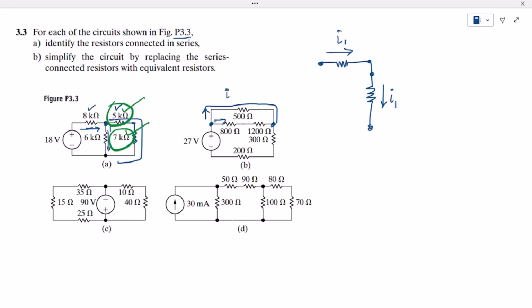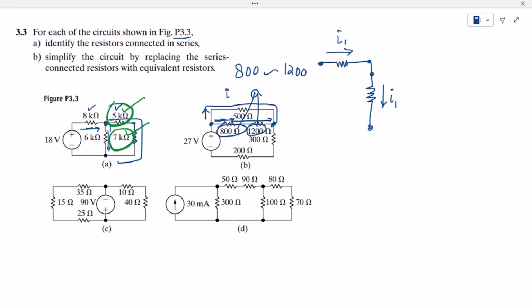This other current which is here is flowing through this 800 ohm resistor, and it will follow the same route, and the same current will flow through this 1200 ohm resistor as well. So we can see that this 800 is in series with this 1200 ohm resistor. So these two resistors are in series with each other.